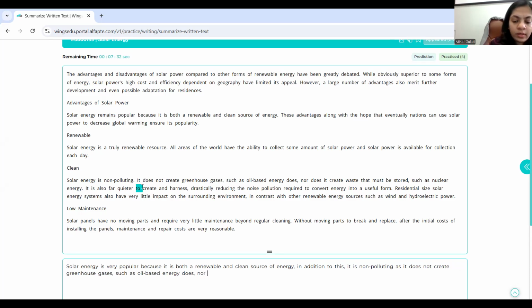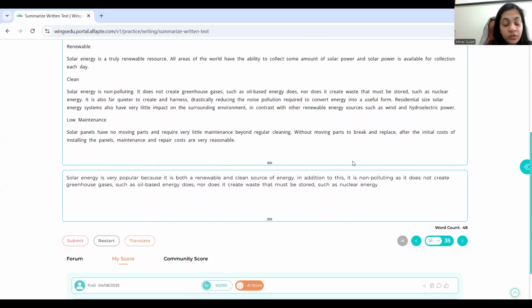Nor does it create waste that must be stored, such as nuclear energy. Okay, let's see the word count. It is still 48, which means I need to write much more.